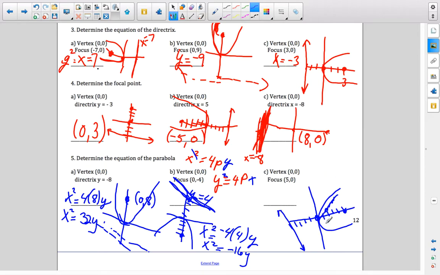That one's the focus, here's the vertex, and this line is the directrix. Since we're opening to the right, we know it's a y squared. We know it'll be positive, so it's 4 times 5, because 5 is our p. 4 times 5 times x gives y squared equals 20x.